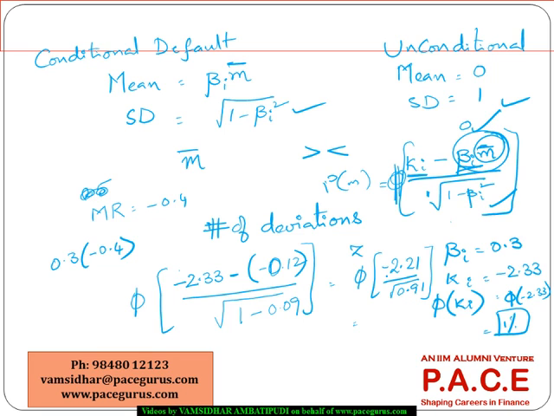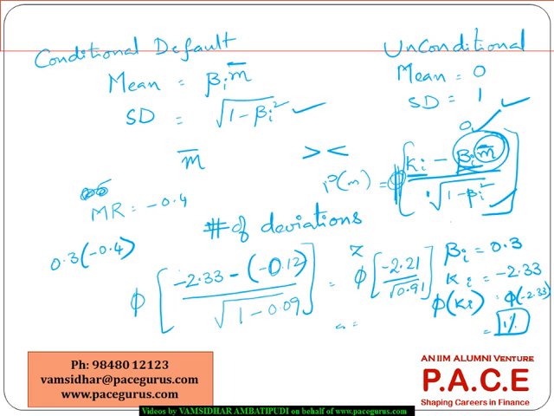So basically, the most important point for us to understand here is that the probability of default is based on the distance of the new default trigger of idiosyncratic shocks, measured in terms of standard deviations below its mean. So I can compute the same, taking the new mean beta I m and the new standard deviation square root of 1 minus beta I squared. I'm getting this kind of value which will give me the conditional default probability.